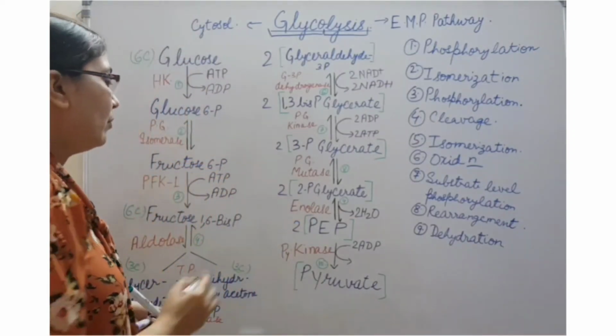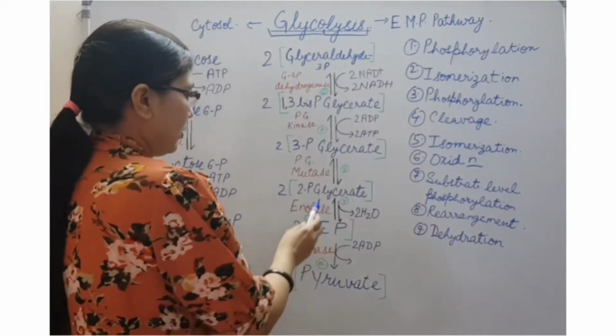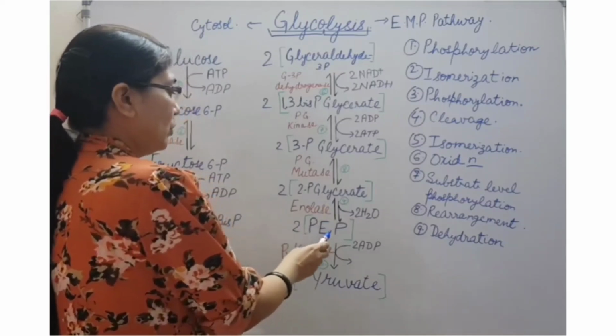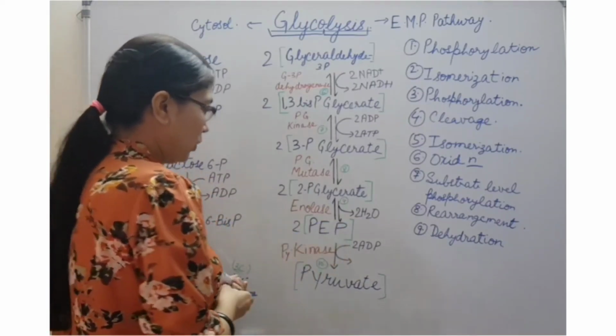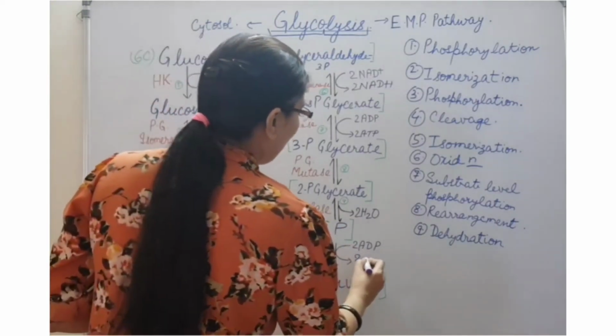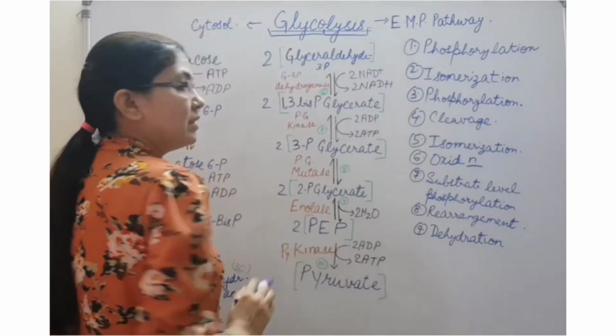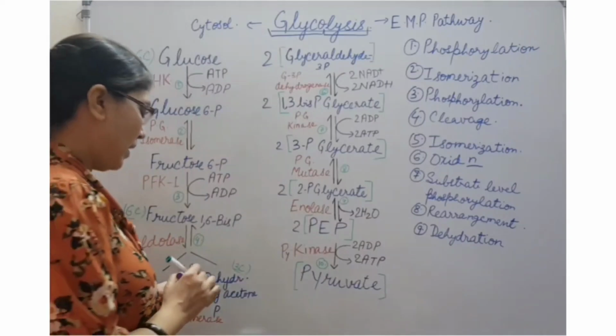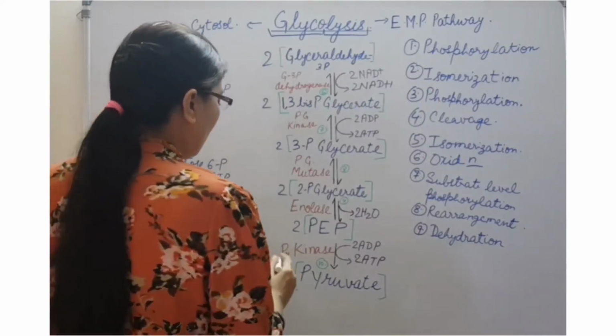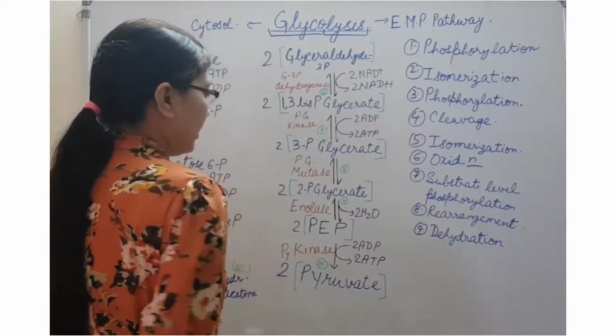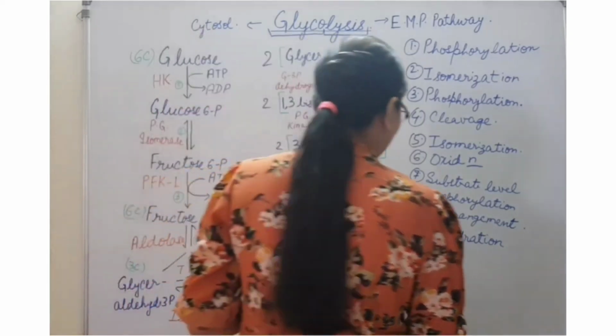In the next step, phosphoenol pyruvate transfers its high energy phosphate group to ADP, which is converted into ATP. The enzyme that catalyzes this step is pyruvate kinase, and we get 2 molecules of pyruvate as the final product.